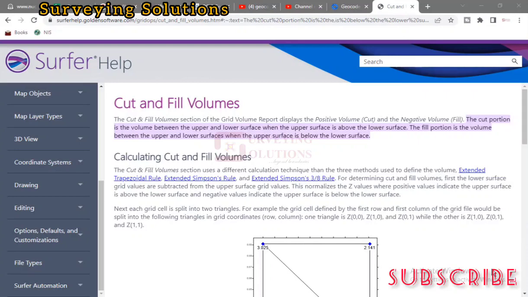You don't just cut and you don't just fill. There's a quantity that you have to cut, a quantity you have to fill, and there will be a residual left. In today's video, we are going to show you how you can use software to determine those values and give you a better perspective of the quantity you are going to work with.